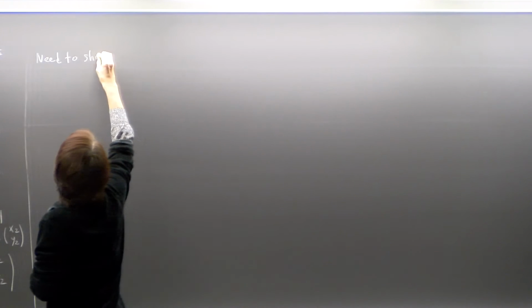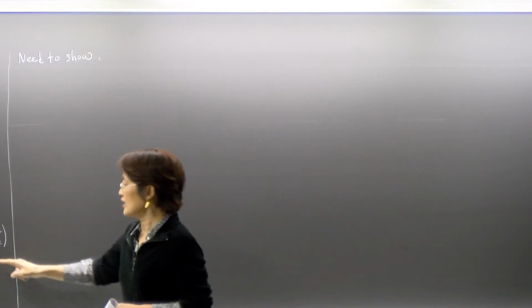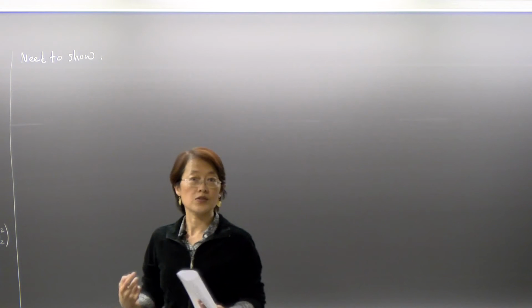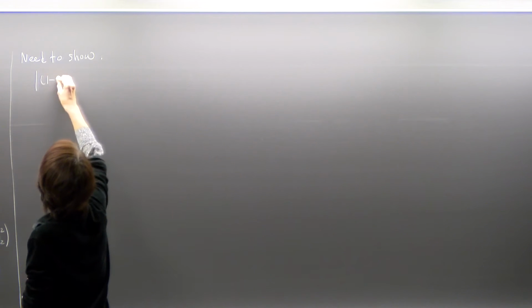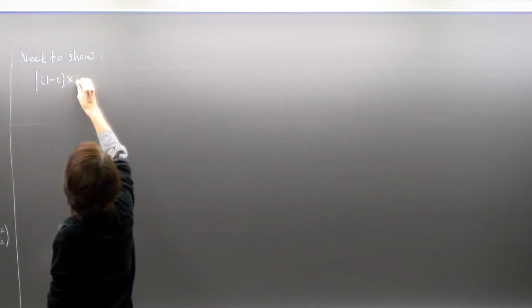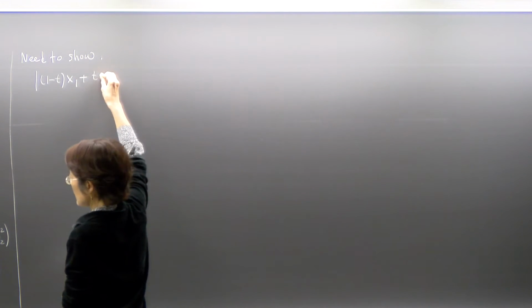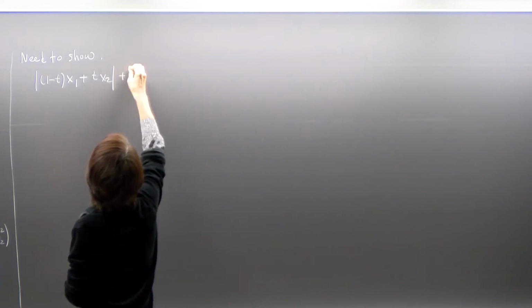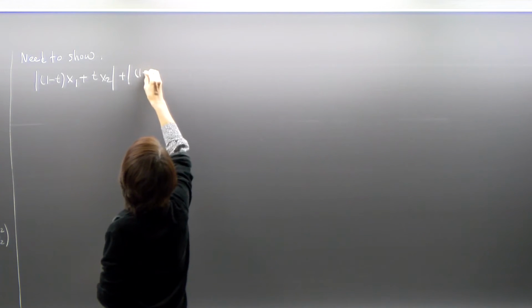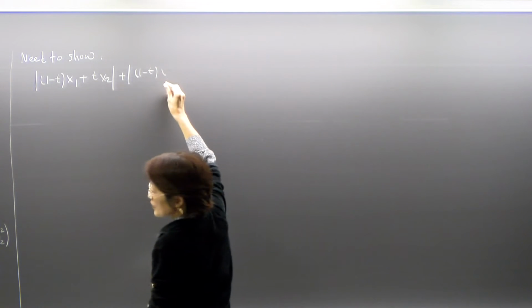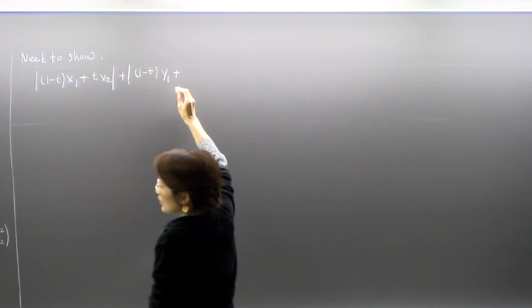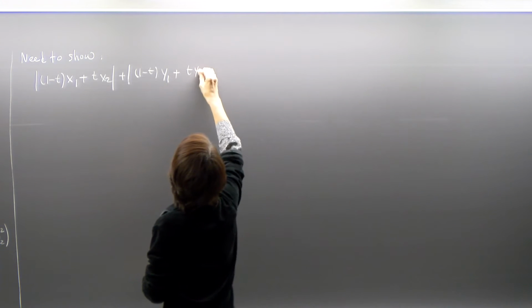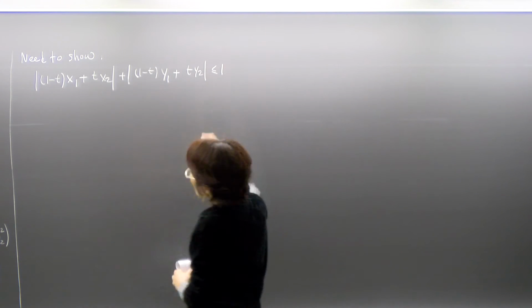Let's write down exactly what I have to show: the absolute value of this x plus the absolute value of this y should be less than or equal to 1. So I need to show the absolute value of 1 minus t, x1 plus t, x2, plus the absolute value of 1 minus t, y1 plus t, y2, is less than or equal to 1.